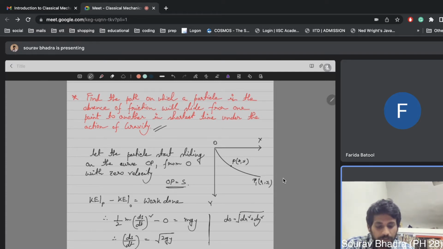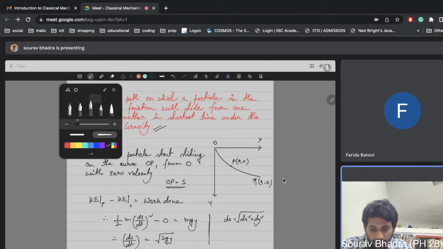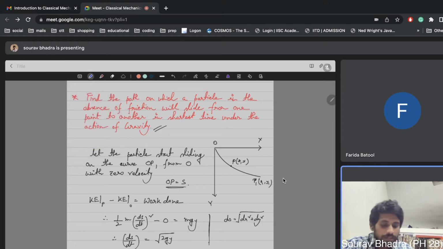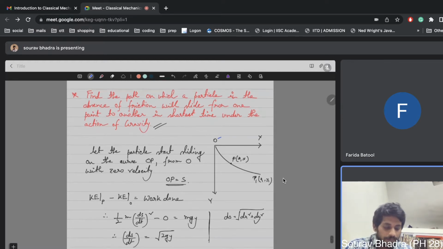Now let me use a blue color. This is the system. Suppose the particle slides from this point O, going through an arc-type path OP1 as shown in the figure, and we have taken the x direction and y direction as shown.